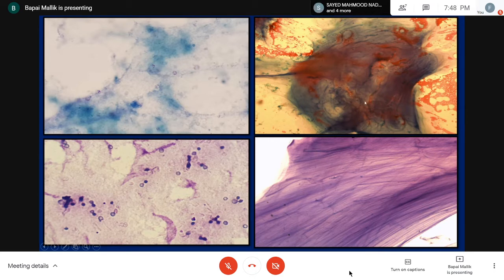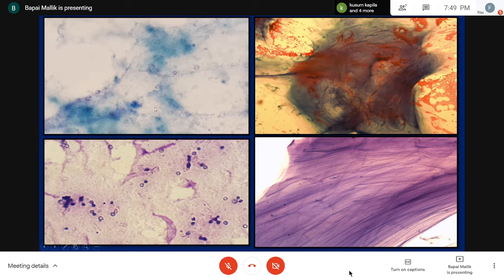But at this point of time, I would like to say that in many situations, a mucinous neoplasm may not show this thick mucin. Almost 50% of mucinous neoplasms may actually show a very thin kind of mucin, and things become very difficult. Under those circumstances, we have to rely on other modalities, which we are going to discuss a little bit later on.